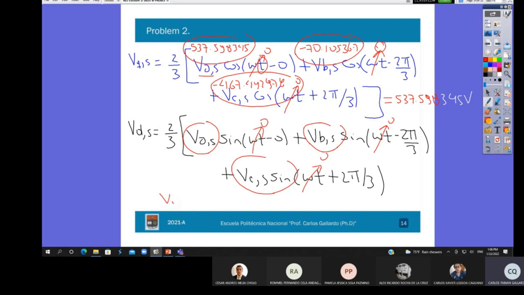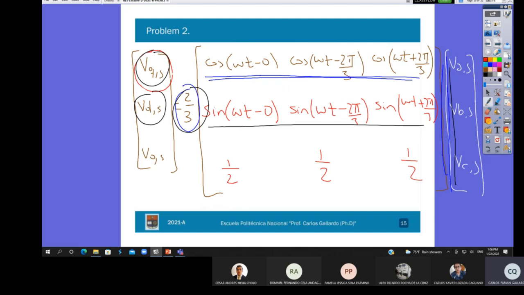Therefore, the direct axis voltage is equal to negative 229.431844. And this is my second term.